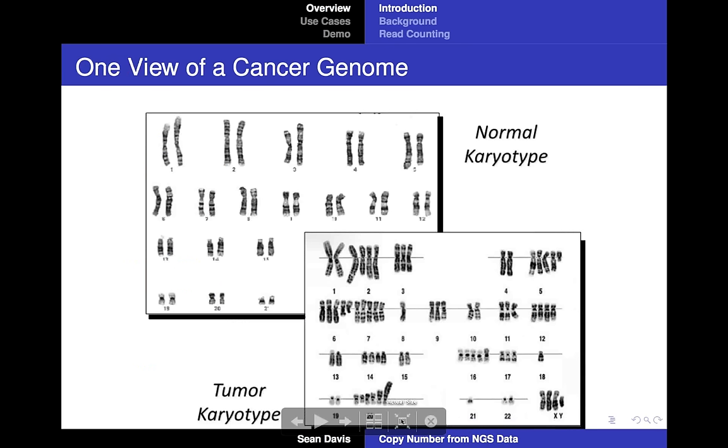So I usually like to start talks like this with an overview of how we view a cancer genome. Until about 1993, this was our view, our high-resolution view even, of the cancer genome. 1993 started with CGH and SKY on chromosomes, FISH as well, and has progressed with the sequencing of the human genome.